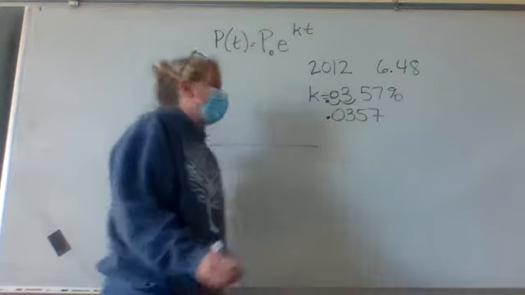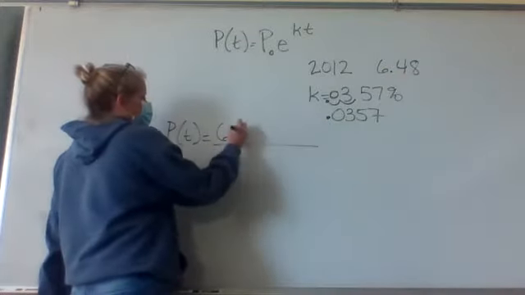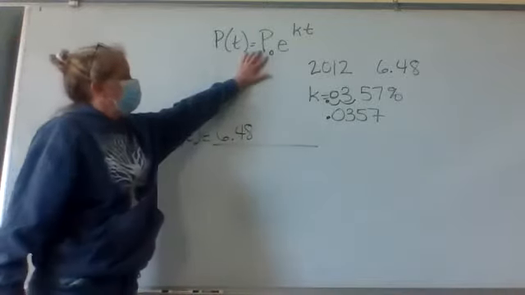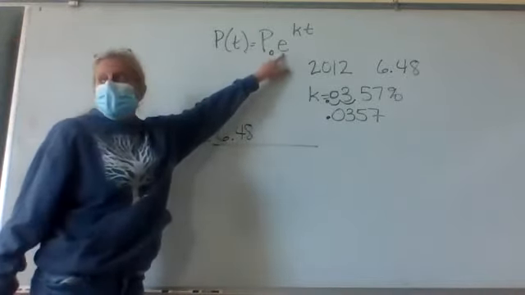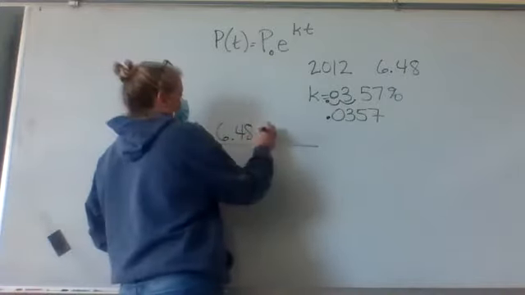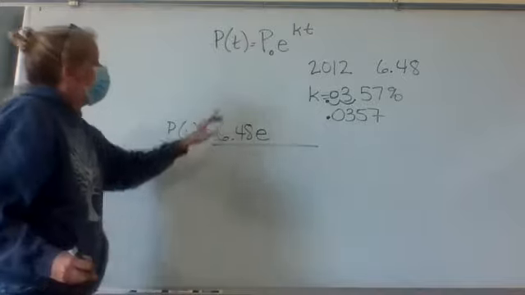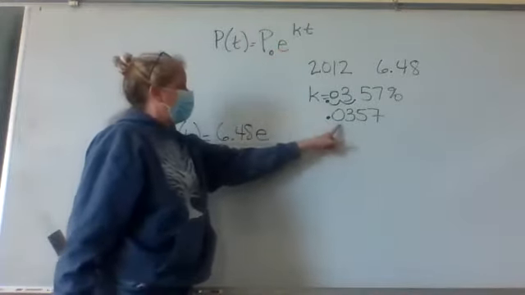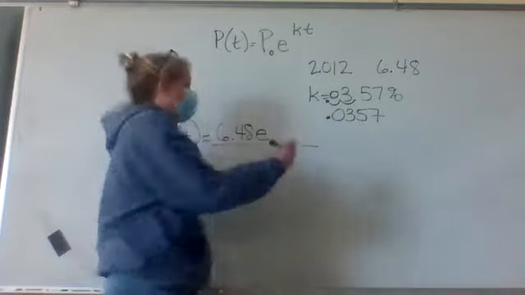So 6.48 is your starting amount. E is the E number that we've talked about before on your calculator, so it's just part of the formula. Your K, I do know, it's 0.0357.